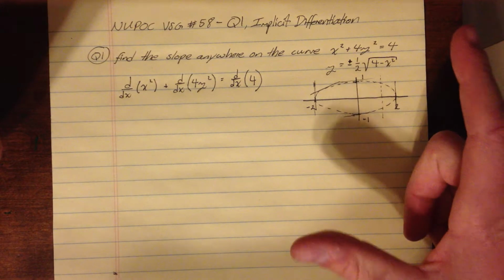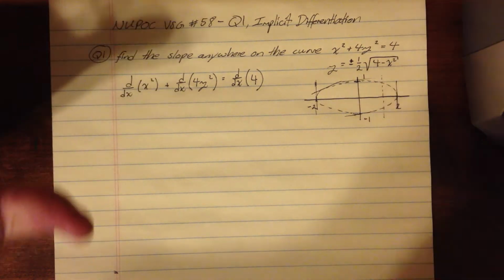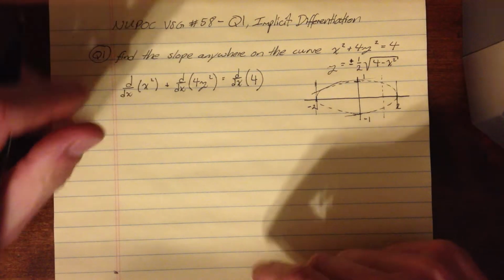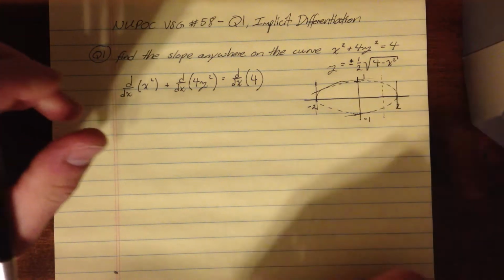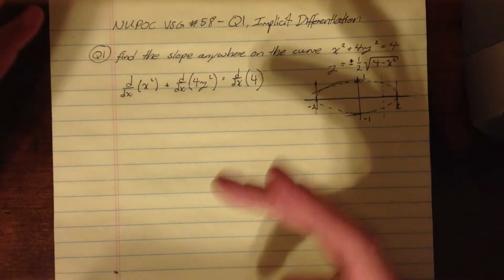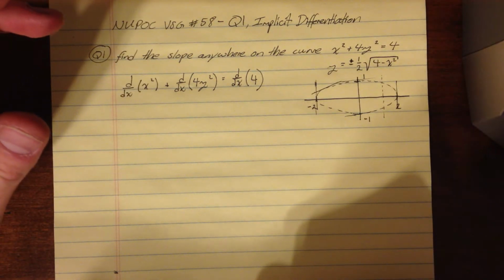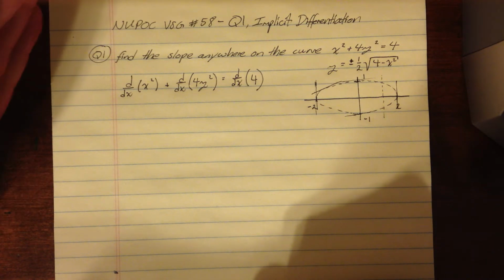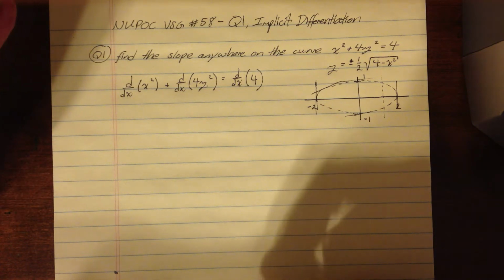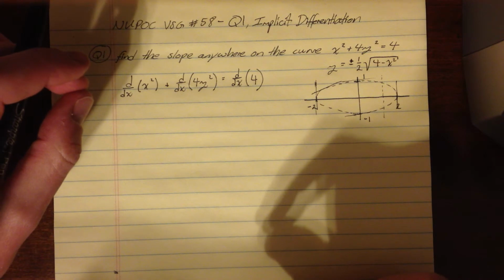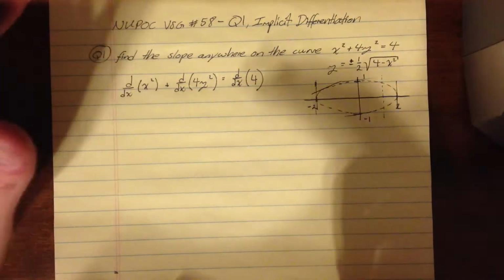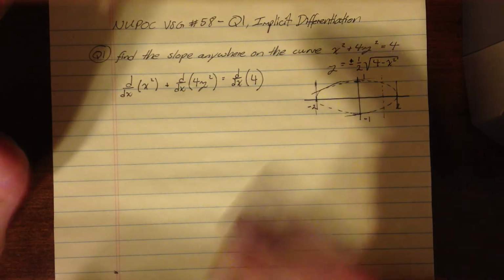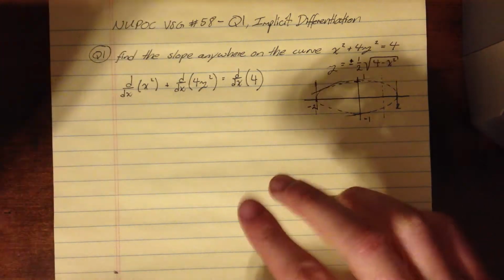Now something to remember here, and I was just discussing this in a reply to a comment on an earlier video about implicit differentiation: if you use implicit differentiation, you have to assume that x and y are coupled. So here x is a function of y and y is a function of x.